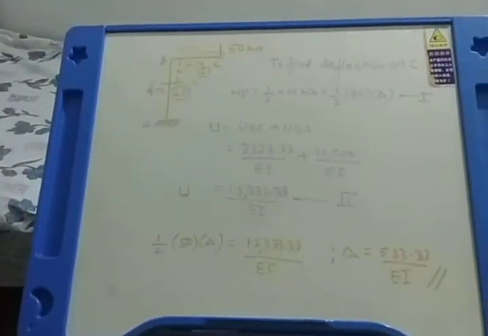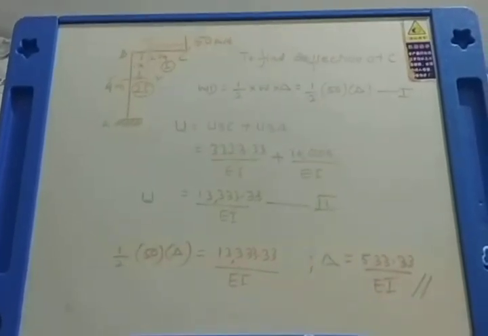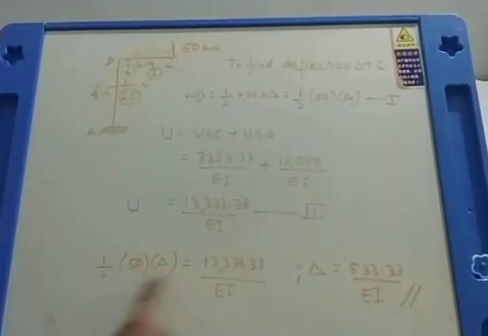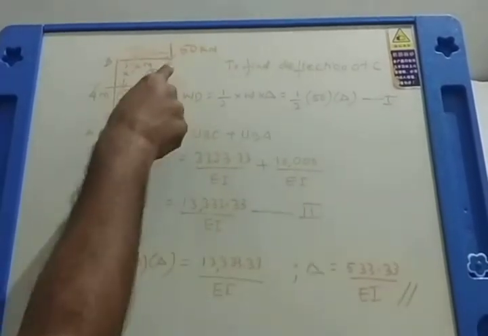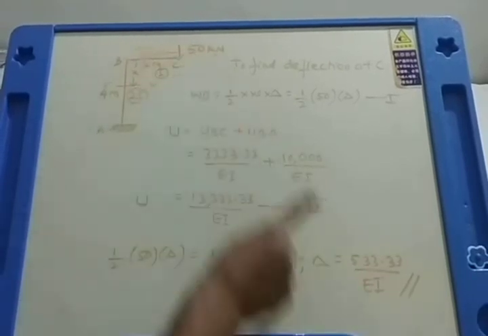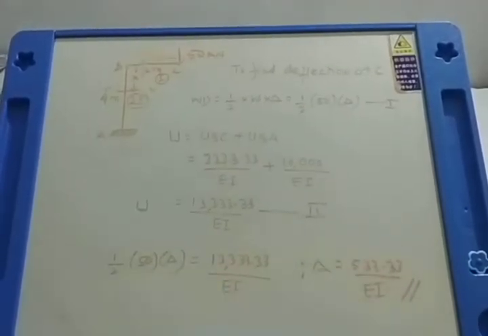So this is how we are going to find out the strain energy and then the total work done, equating both, and then finding finally the deflection at the free end of this bend, that is at C point. The value is delta 533.33.